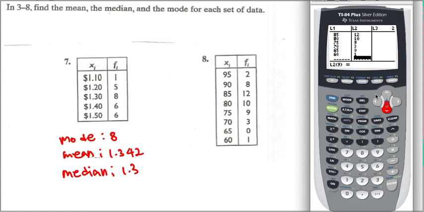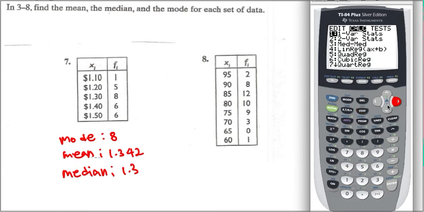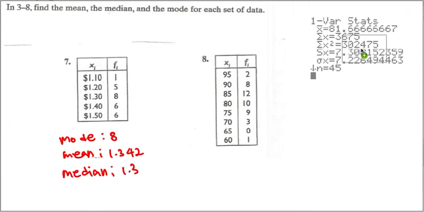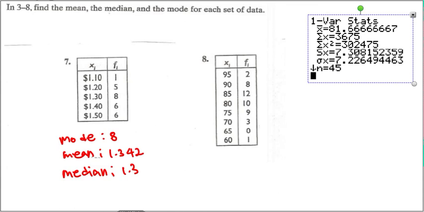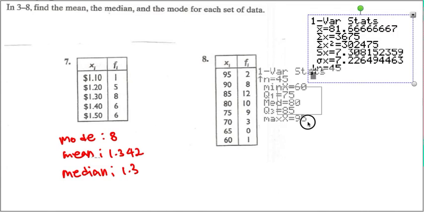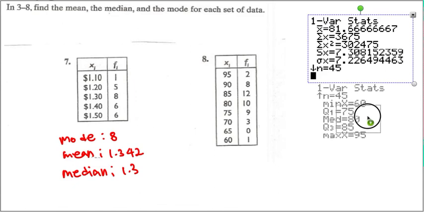All right, same way as before. So here we have stat, calc, one variable stat, L1, comma, L2. Then we'll be needing this one, and okay, we'll be needing this one too.